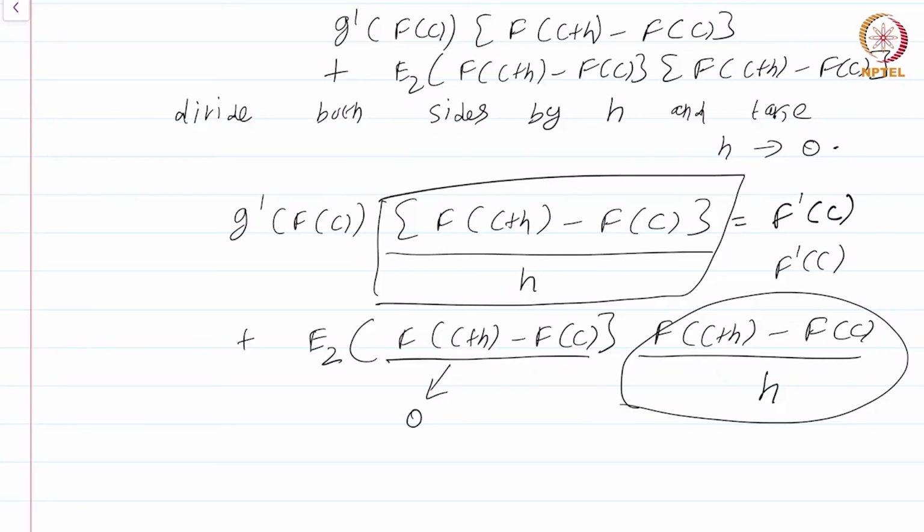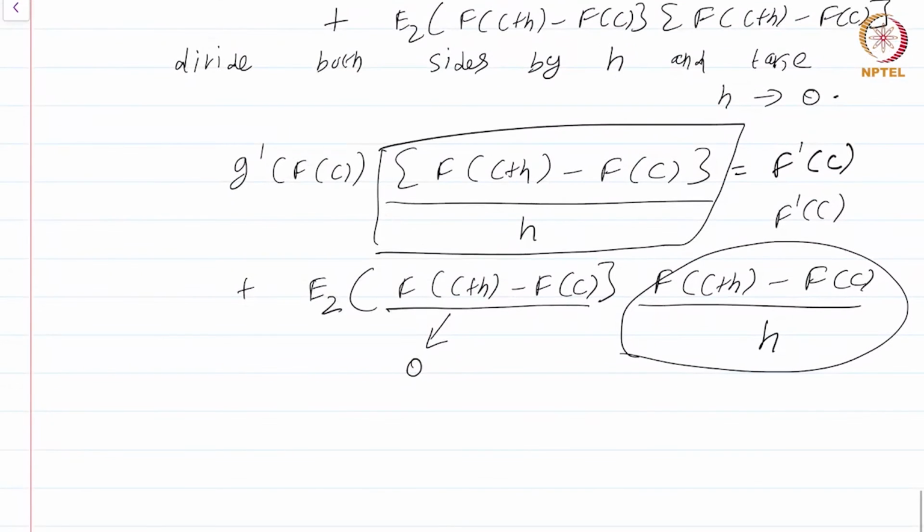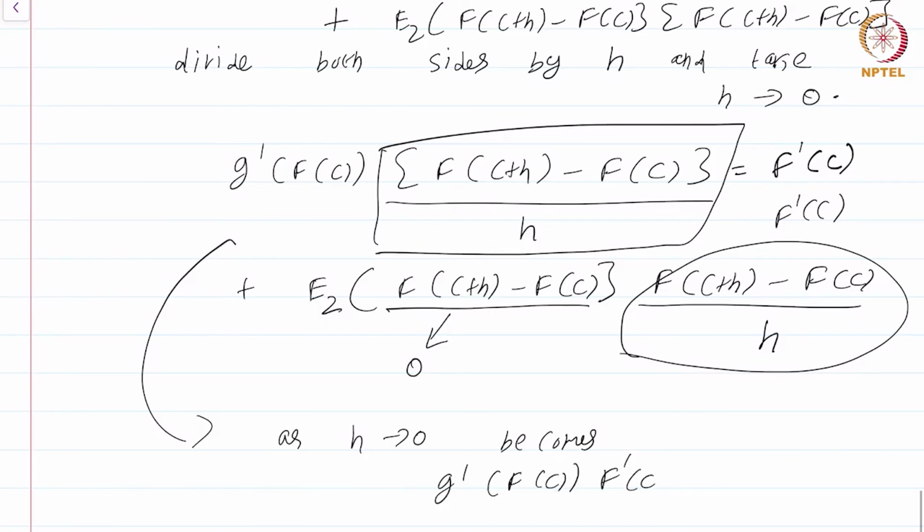And we know that as the inside part of E2 goes to 0, E2 must also go to 0. In fact, E2 divided by h itself will go to 0 as h goes to 0. So even without that division by h, it has to go to 0. So this whole thing as h goes to 0 becomes g prime of f of c times f prime of c, as required.